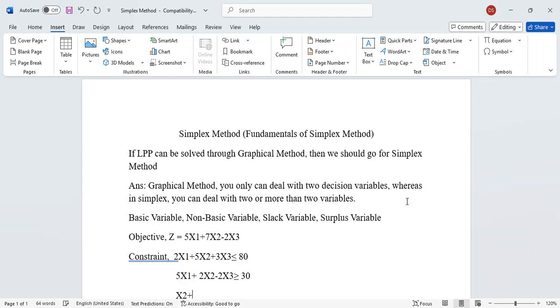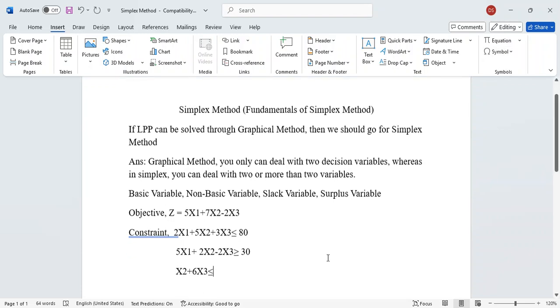Third constraint is x2 plus 6x3 less than or equal to 42, and the last constraint is 8x1 minus 3x2 plus x3 is greater than or equal to minus 6.